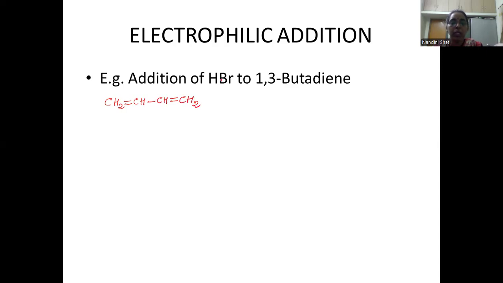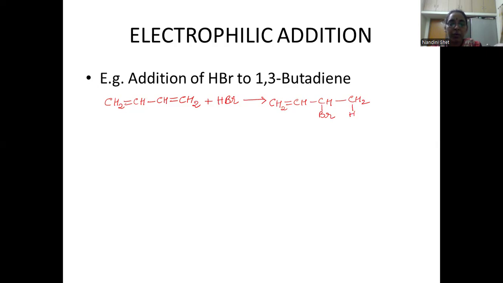This is 1,3-butadiene. Now, when we add HBr, it is an example for electrophilic addition. It is found that we get two different products. First product is CH2=CH-CHBr-CH3.